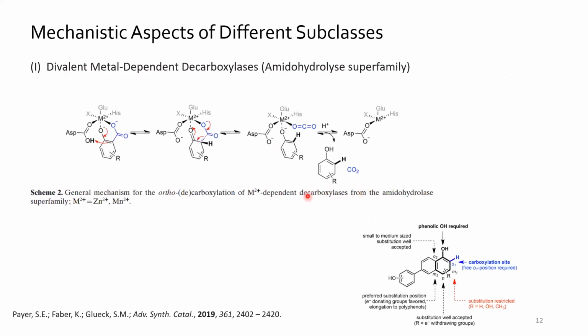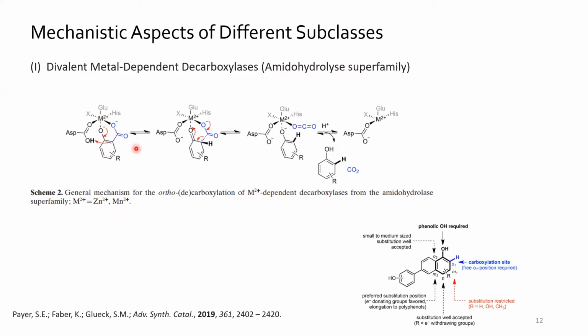A bit more in detail for one of the classes I just mentioned, the divalent metal-dependent decarboxylases, they're also called the amide hydrolase superfamily. And usually you have a metal center, which is either zinc 2+ or manganese 2+, and you have a substrate which looks somewhat like this. So the phenolate group and the carboxylate group chelate to the divalent metal center.